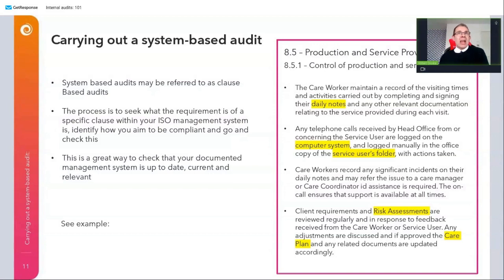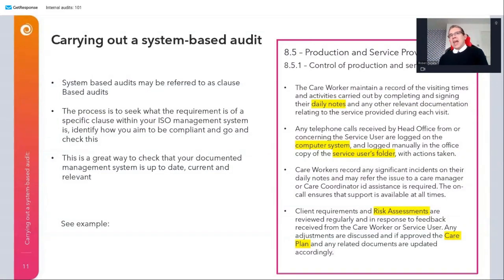These are documented either in a separate procedure, in a quality manual, or even in one of the processes that you've got for running your management system. Essentially, it's telling anybody the general instructions of how to achieve certain activities. And as I say, in this example, it's to do with care.